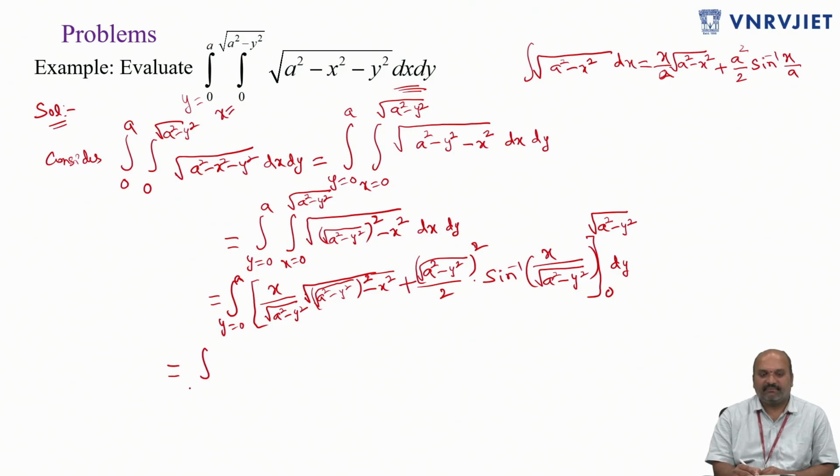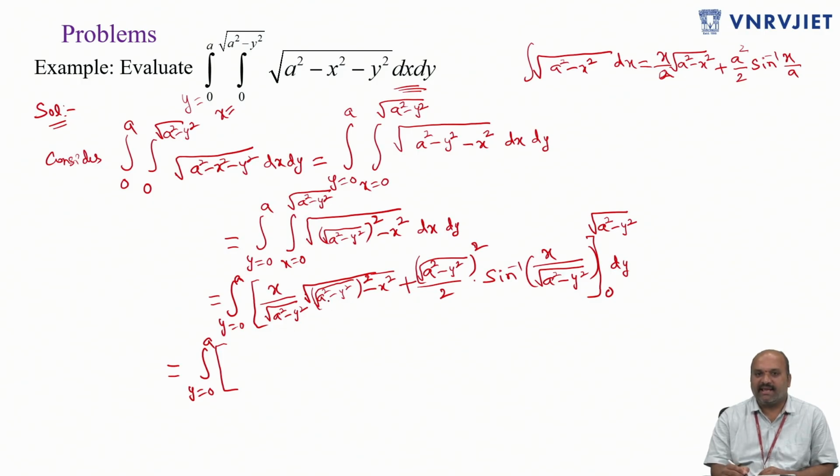So this is equal to integral y varies from 0 to a. Let's substitute the limits. Instead of x, root over a square minus y square, since we integrated with respect to x. If you substitute this, what happens here? Root over a square minus y square by root over a square minus y square, which is 1 of course.